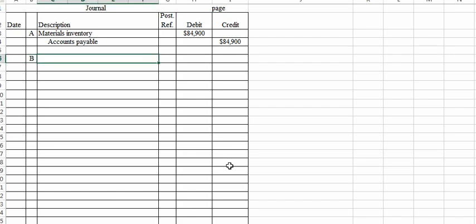Okay, on B, they tell us materials requisitioned for use, fiber and carpet backing. Fiber was requisitioned for use by the spinning department, carpet backing by the tufting department. And then they tell us the amount of indirect materials used in each department. Well, you guys, materials going directly into the product itself, we know are called direct materials.